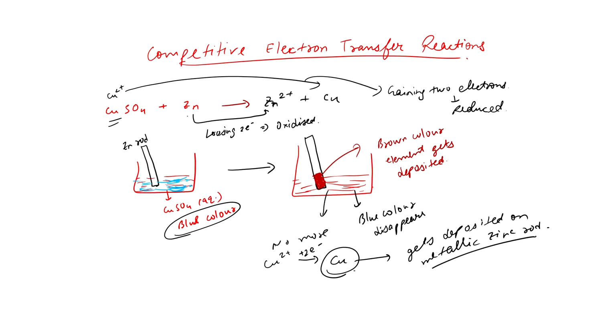That is why the zinc rod turns brown, whereas the blue color of the solution disappears because there are no more Cu2+ ions, as they have been converted into copper deposited on the zinc rod.